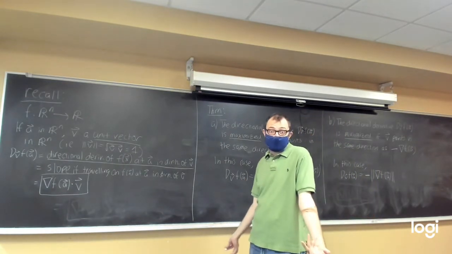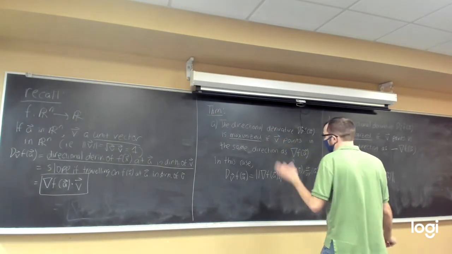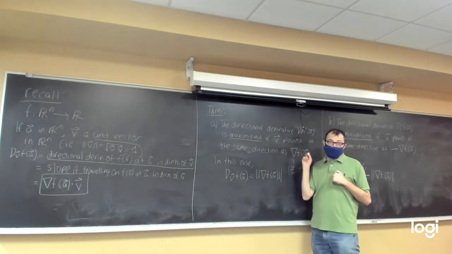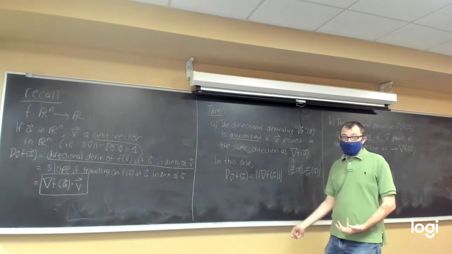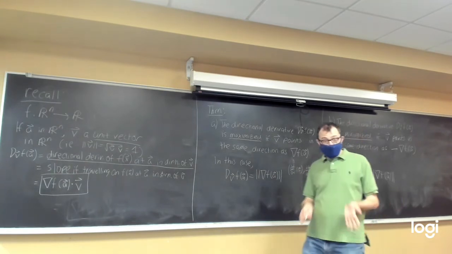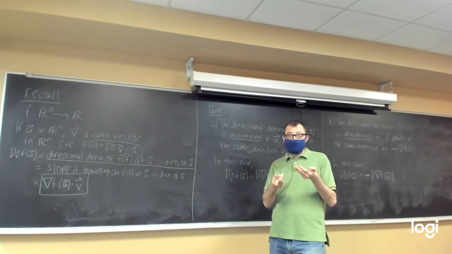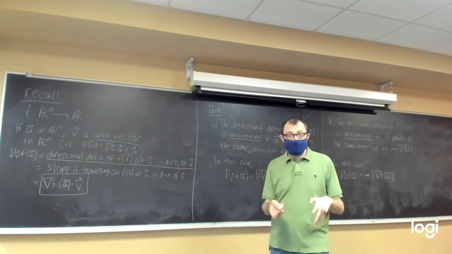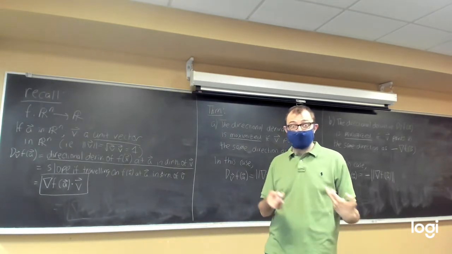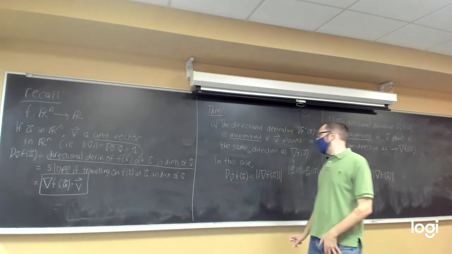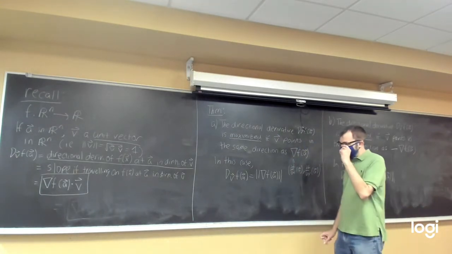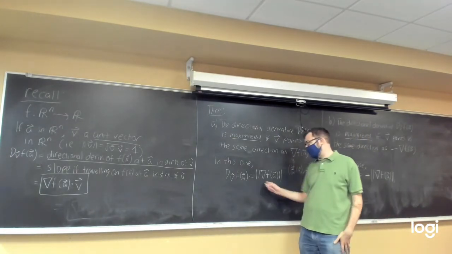It turns out if you were to walk in the same direction as where the gradient vector points, that's going to be the most uphill direction you can walk, meaning the direction that's going to give you the most positive directional derivative. And if we're walking in that direction, we can say exactly what the directional derivative is going to be.